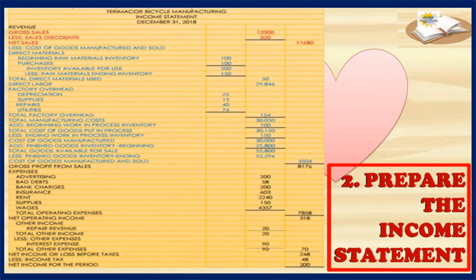Now we go to the manufacturing business. This is too complicated to look at. You have to compute for the cost of goods sold. But it's not only about purchases, it's about the direct materials, the direct labor, and the factory overhead.